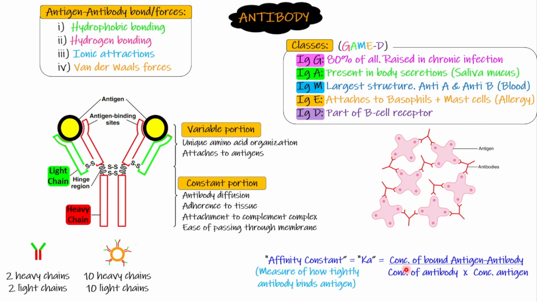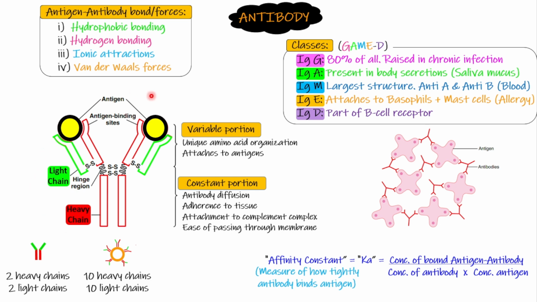Whenever they bind tightly, the concentration of bound antigen-antibody will increase, which means the affinity constant will increase. And whenever they are not tightly bound, the concentration of bound antigen-antibody will decrease and the affinity constant will decrease. So this is the significance of the affinity constant. This was a very important part.